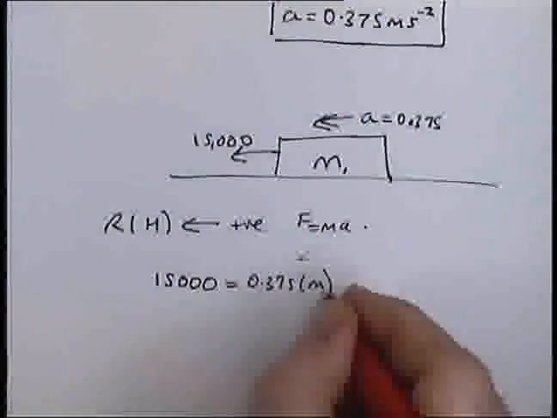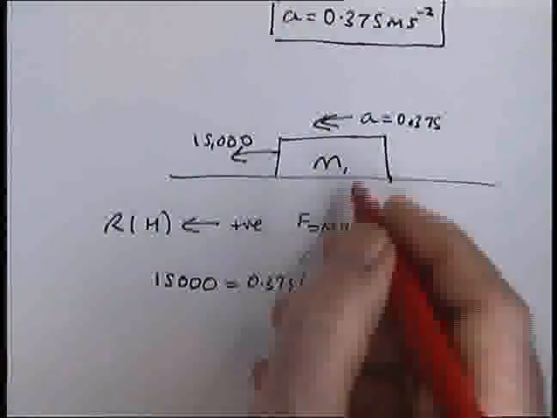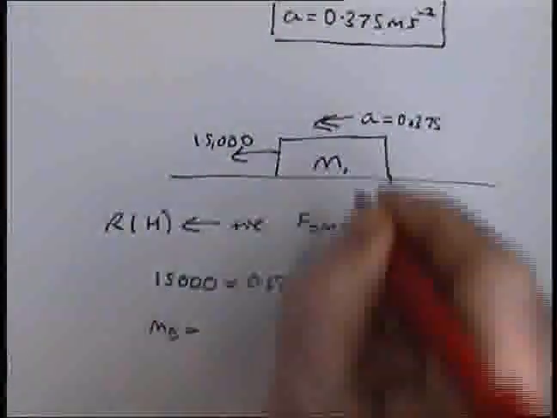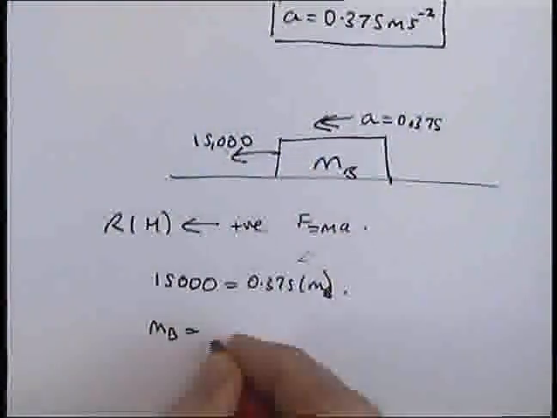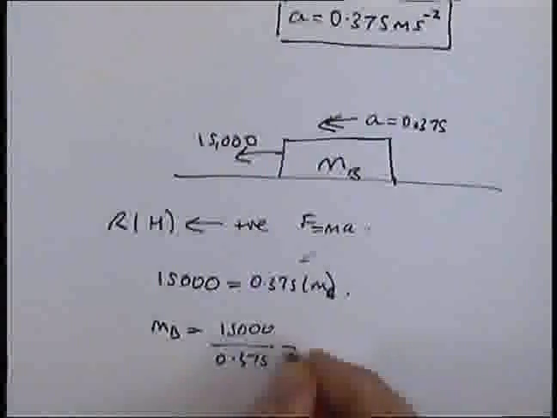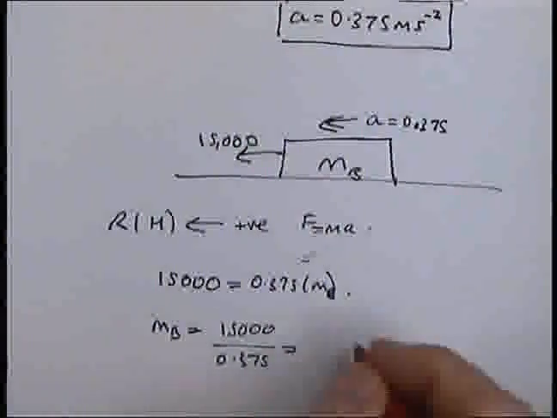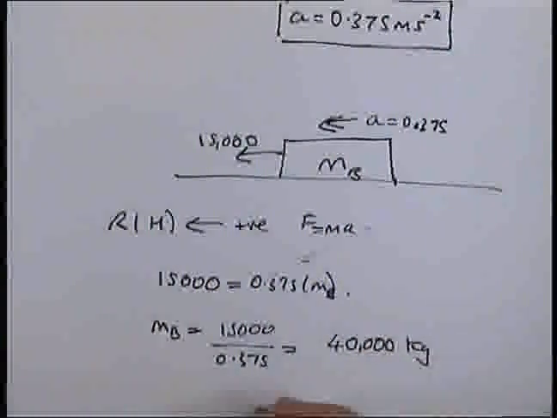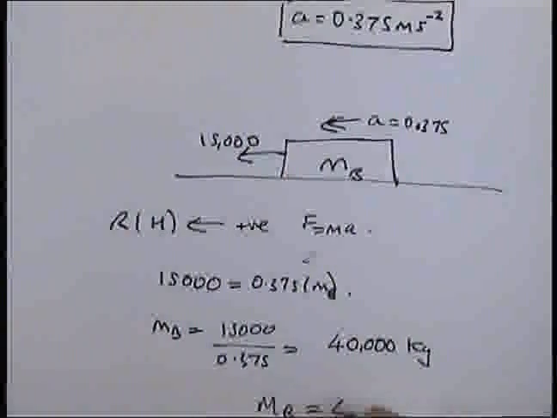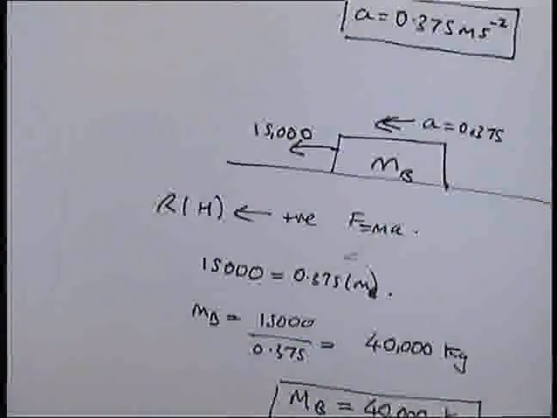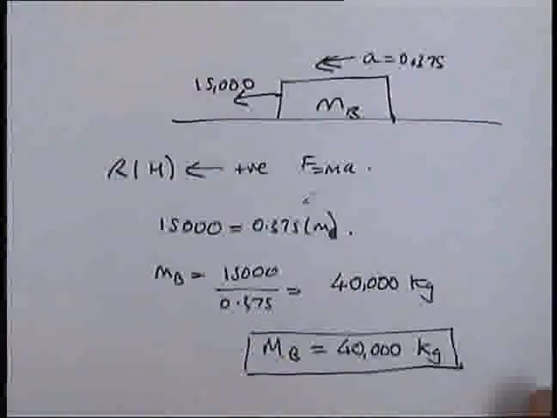I could call it M1 because we used M earlier, or I could call it MB, to find the mass of carriage B. So mass B is equal to 15,000 divided by the acceleration, which we worked out in the previous step, and that gives us 40,000 kilograms. So the mass of carriage B is equal to 40,000 kilograms. So we now know the mass of the engine, and we know the mass of carriage B, so we can also work out later on the mass of carriage A.